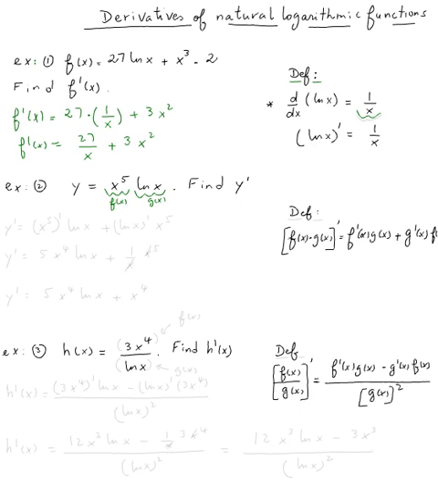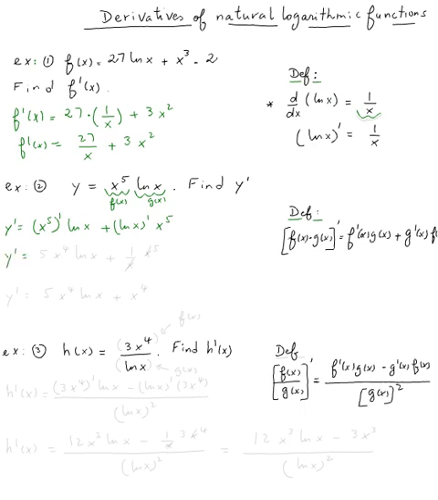So to find y prime, using the product rule, it's going to be f prime of x times g of x, so the derivative of x to the fifth times g of x, which is ln of x, plus the derivative of g of x, which is ln of x prime, times f of x, which is x to the fifth. One more step and we should be done.